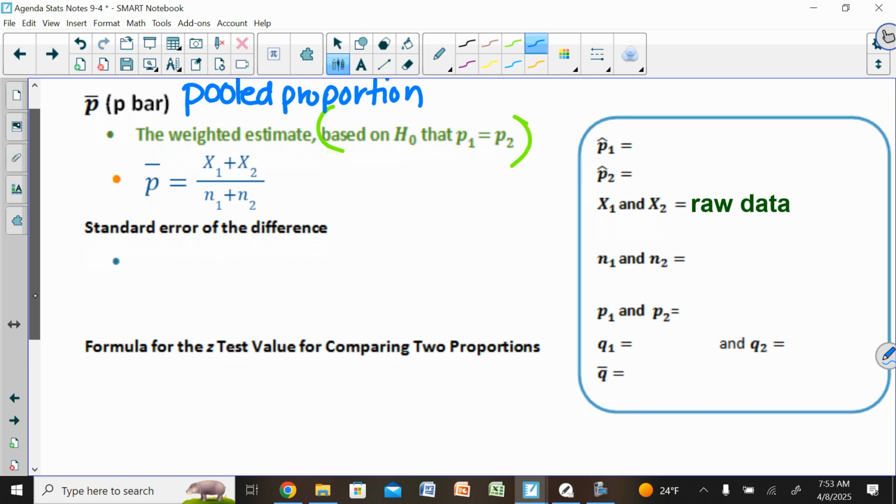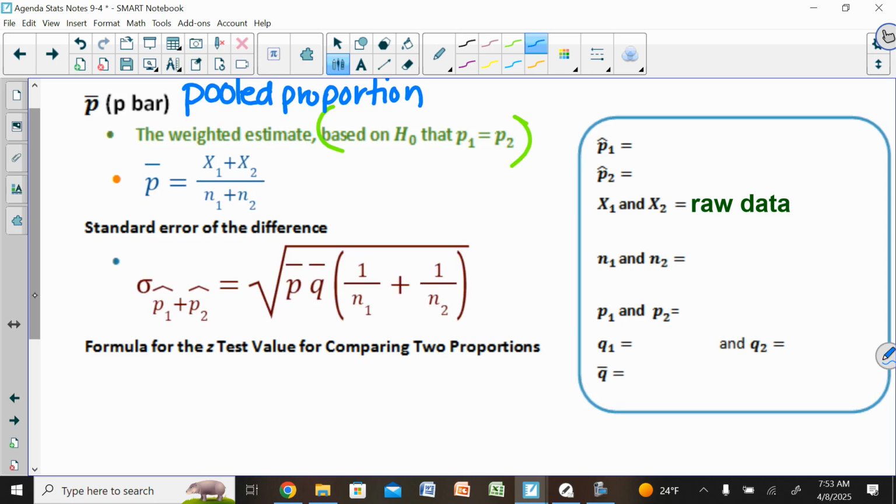Our standard error of our difference, this is always our denominator. When we calculate our test statistic, we divide by our standard error. So our standard error, or our sigma, our population standard deviation of our p hat 1 minus p hat 2, that's a subscript down there, is equal to a giant radical of p-bar, q-bar, times 1 over n1 plus 1 over n2.